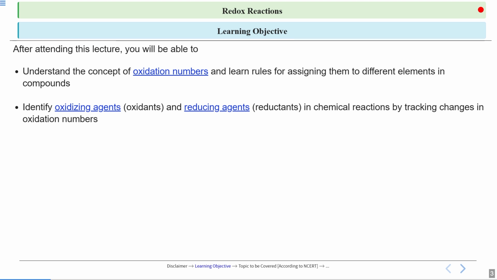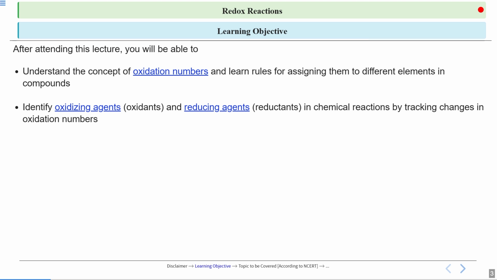Moving ahead, we can also identify the oxidizing agents and the reducing agents, which are in short written as oxidants and reductants, in a chemical reaction. Now, how can we identify the oxidant and reductant?